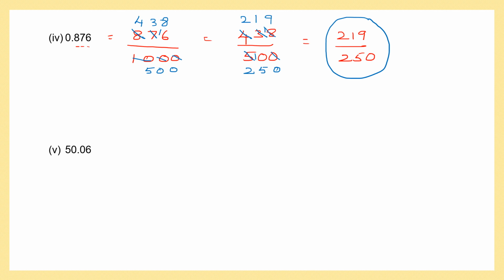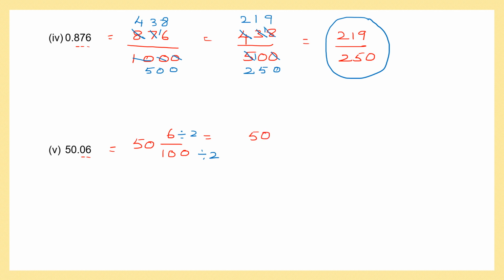Okay, next one. 50.06. So 50 is my whole number. Ignore the point. 6 by 1 followed by 2 zeros, that's 100. So if I have to reduce it to the lowest term, I need to divide both by a common number. I can divide both by 2. 50 remains the same.